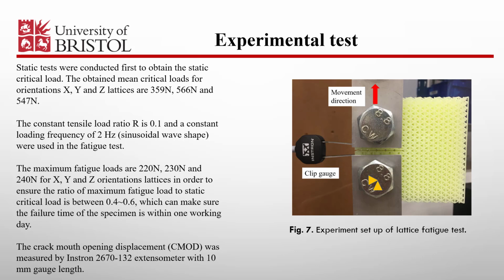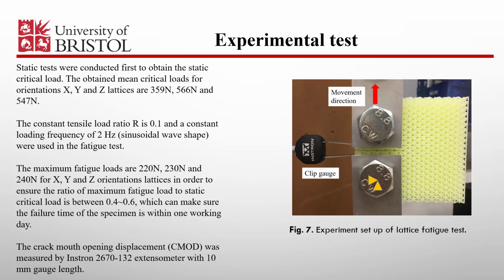The maximum fatigue loads are 220 Newton, 230 Newton, and 240 Newton for X, Y, and Z orientations in order to ensure the ratio of maximum fatigue load to the static critical load is between 0.4 and 0.6. This can make sure the failure time of the specimens is within one working day.